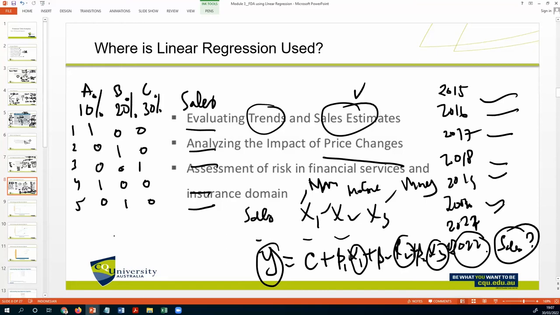So y equals constant plus beta1 x1 plus beta2 x2 plus beta3 x3. You get the coefficient on each price increase.